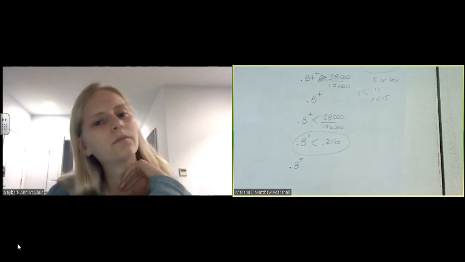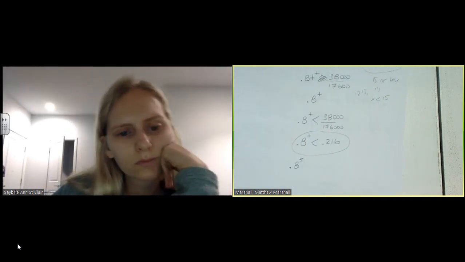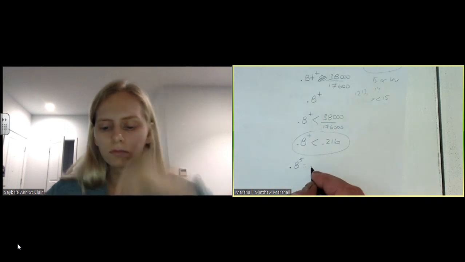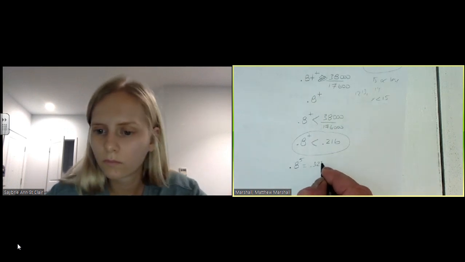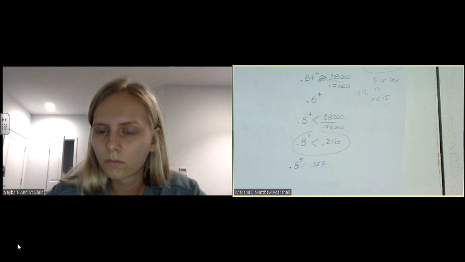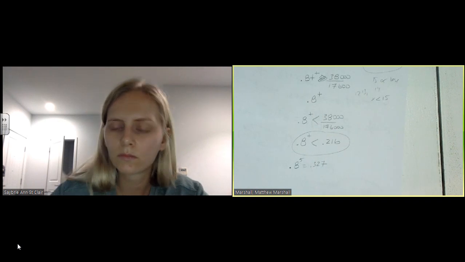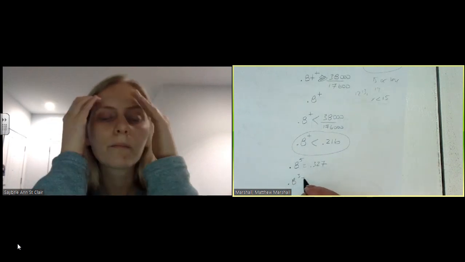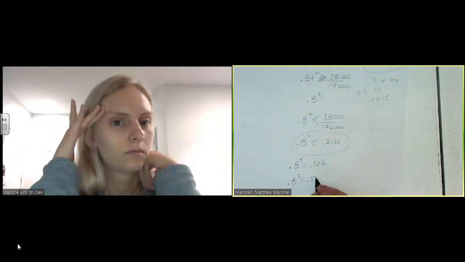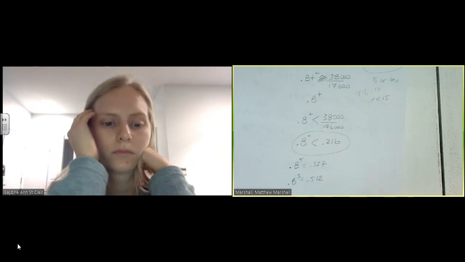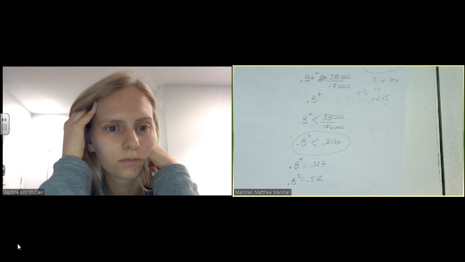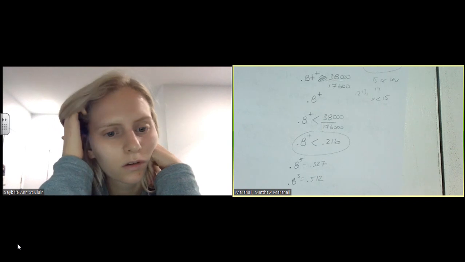So if I do 0.8 to the 5th power, that gives me 0.327, that's too high. If I do 0.8 to the 3rd power, that's 0.512. See, this is showing me again I'm probably doing this wrong. Can you go back to the original problem, Sabri?